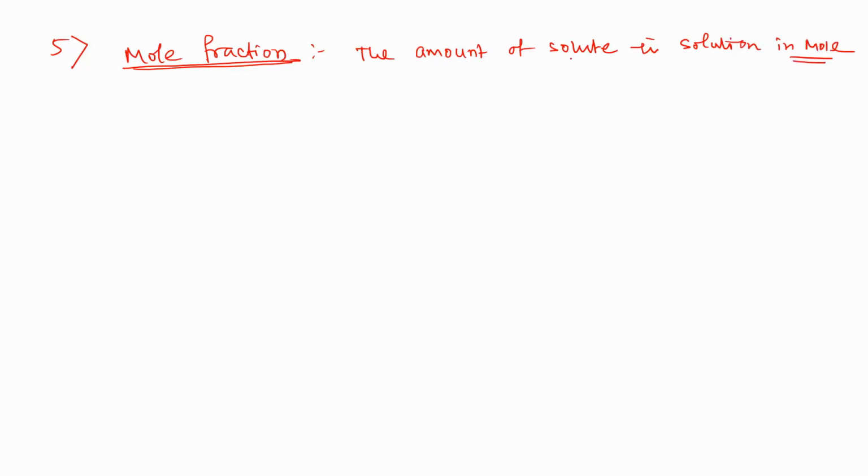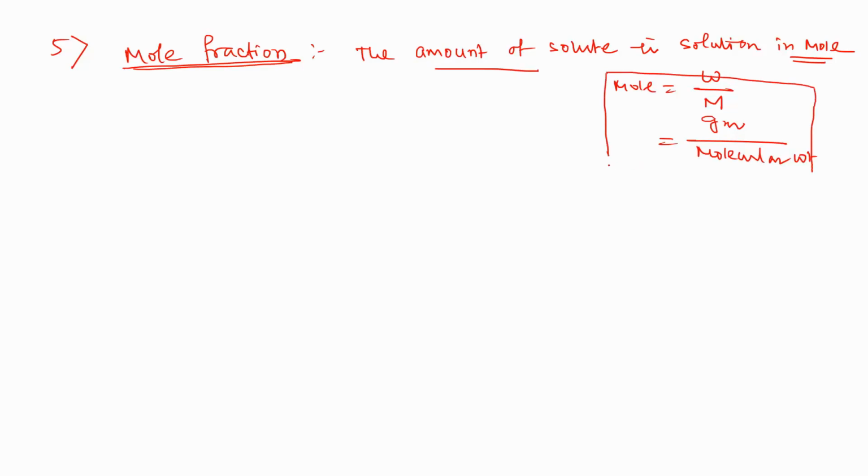Mole means W by M, that is gram divided by molecular weight. Mole is W by M, that means how much amount is there divided by molecular weight. So to describe the mole fraction, let us consider there are two components, A and B.